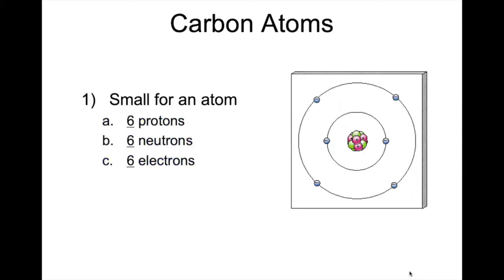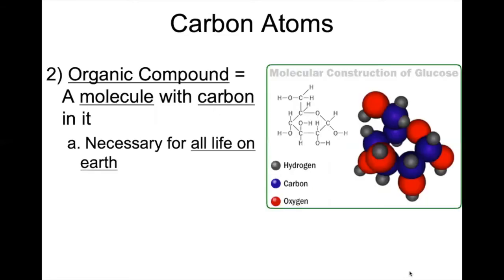It is made out of 6 protons, 6 neutrons, and 6 electrons. Yes, that is very weird. 666. I didn't do that on purpose. I didn't choose this atom, but it is easy to remember, I suppose. So 6 protons, 6 neutrons, 6 electrons is going to be very important for making life.